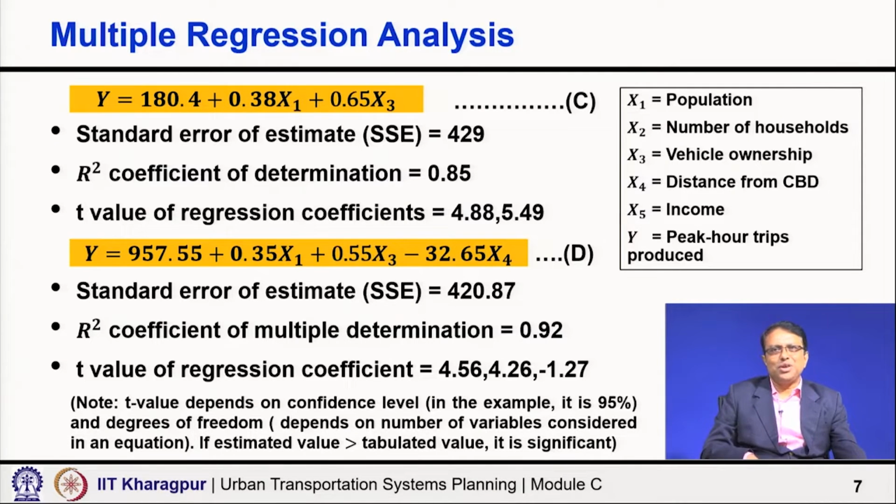As I said, R square is not everything. R square is one aspect which should be checked. And from the point of view of R square, D is my selection. But can I go ahead with that?